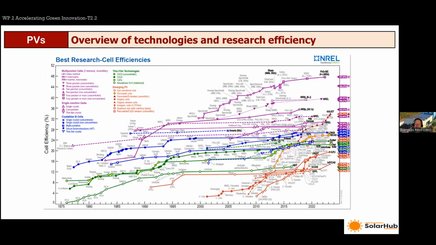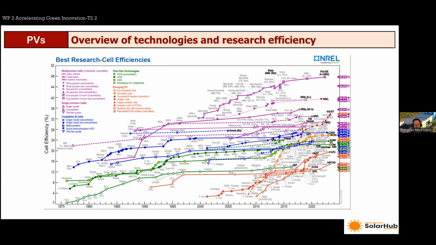The last 50 years of this development can be summarized in this diagram provided by NREL, the American research institute in renewable energy. And this diagram shows two things. First of all, the ever-increasing efficiency that is achieved in the laboratories that test these technologies.